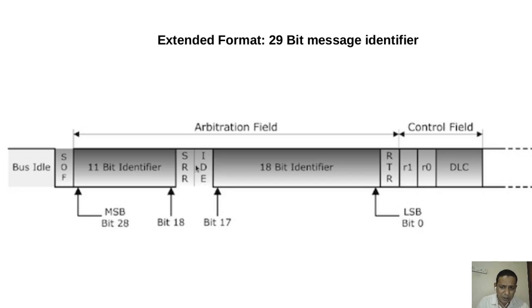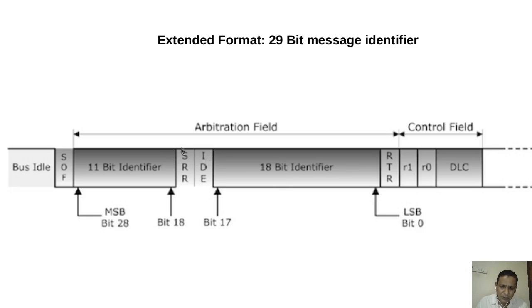The IDE bit will come in the arbitration field in the 29-bit format. Actually the IDE bit will come in the same position from the start of frame in both the standard frame format as well as in the extended frame format, that is, after the arbitration field.